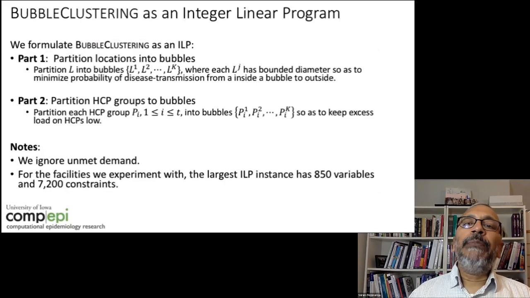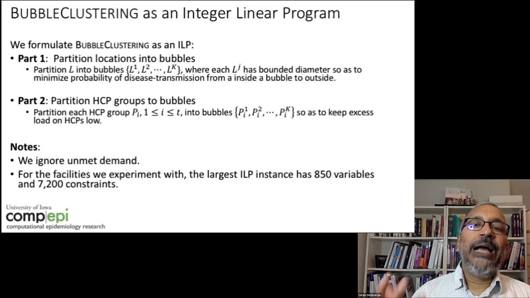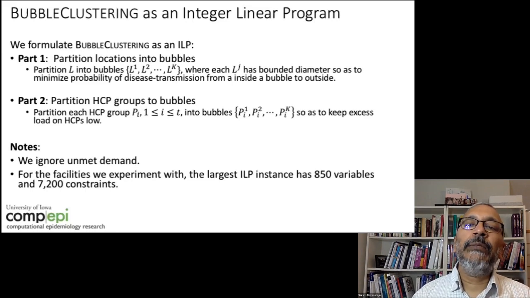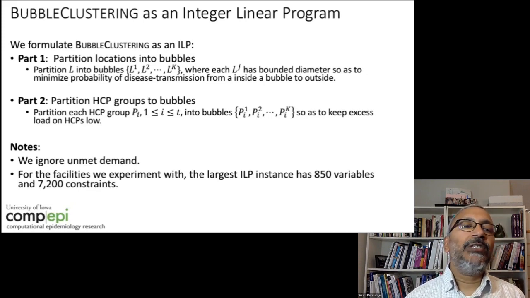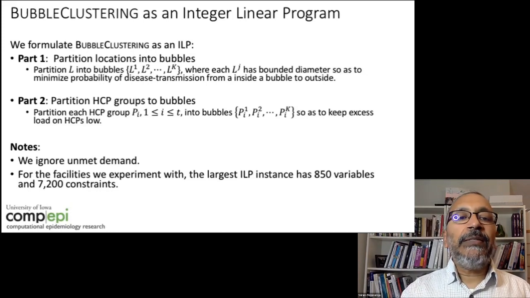And from a computational point of view, this problem, as stated, is intractable, but we formulated it as an integer linear program. And we were able to solve this integer linear program for all three settings because the largest ILP that we got from these three settings had 850 variables and about 7,200 constraints. So we were able to solve each of these ILPs.